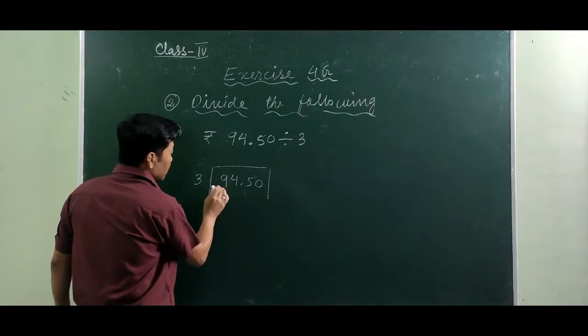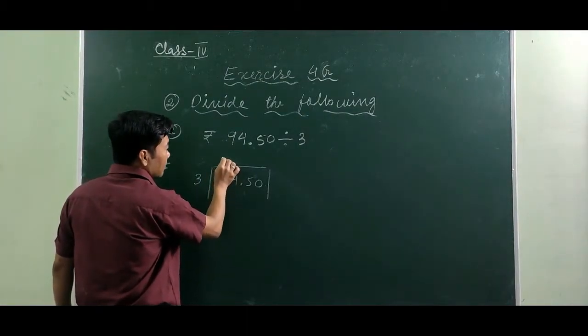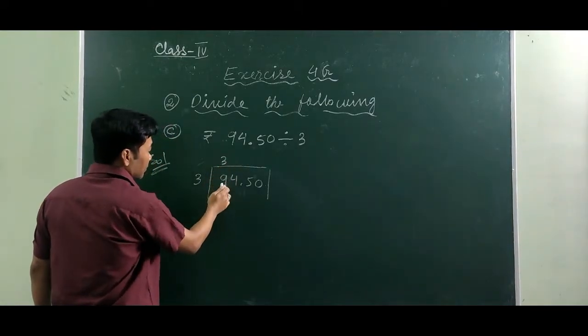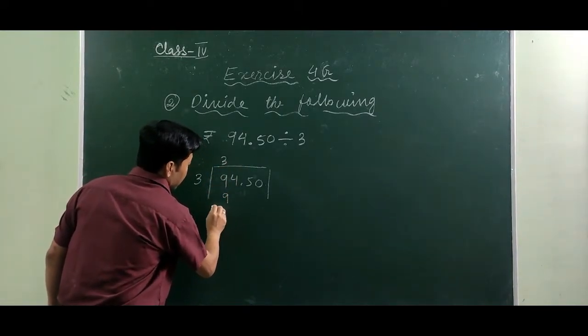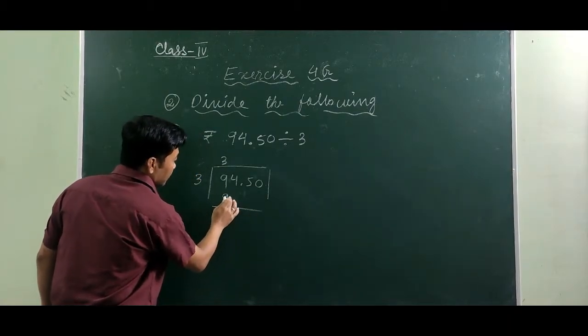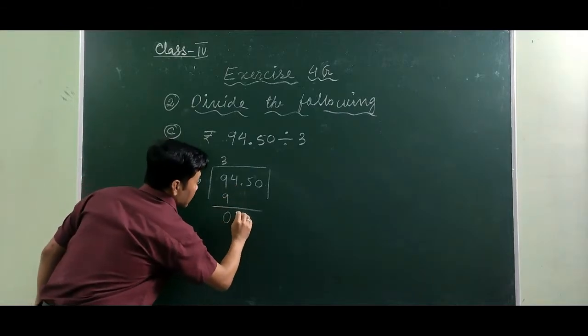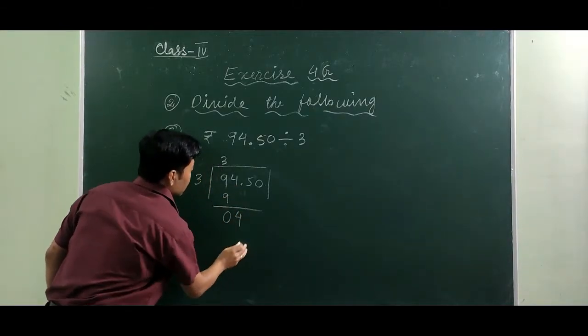So 3 times 3, we'll write in the same place here since we are taking 1 digit. 3 times 3 is 9. Then we subtract this one, 0. Nothing is there. So let's bring down the next digit, 4.